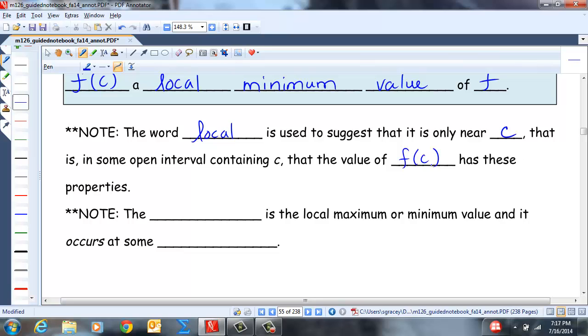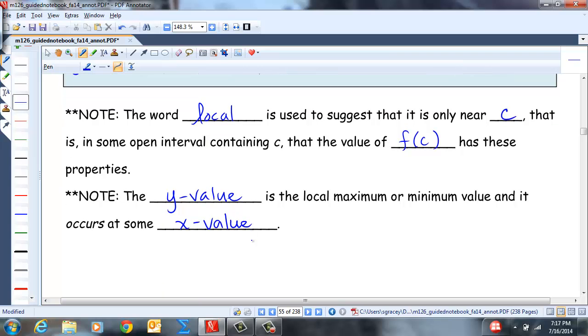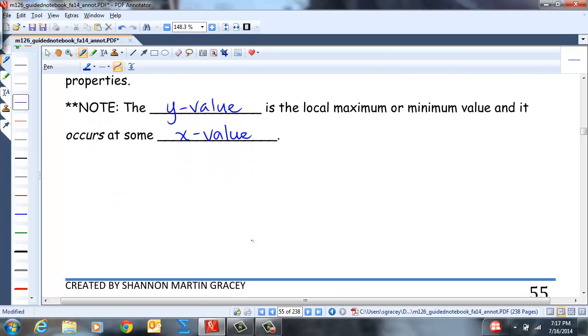So local is near this domain value c. Now, the y value, f at c, is the local maximum or minimum value. It occurs at this x value c. So the wording can be a little confusing. Let's check out a little sketch and see.